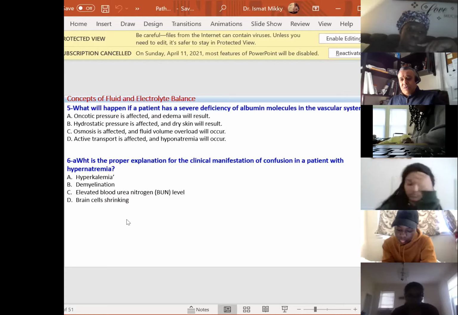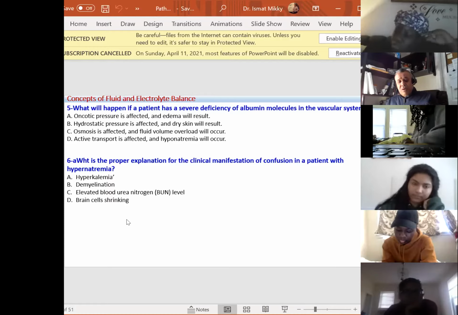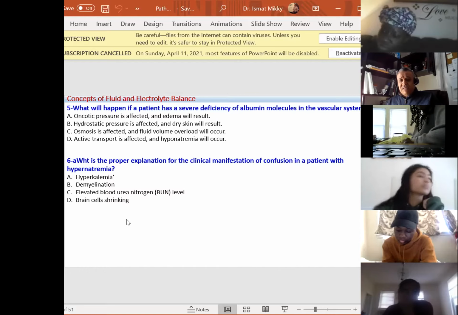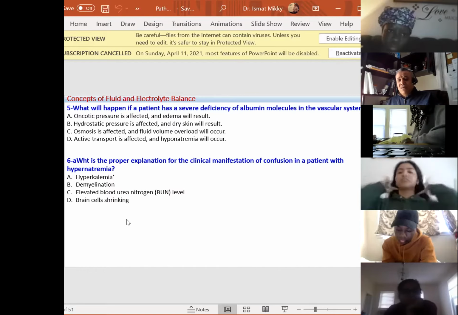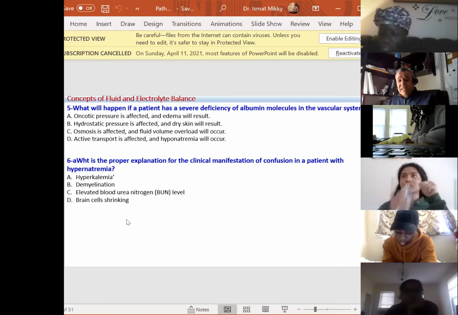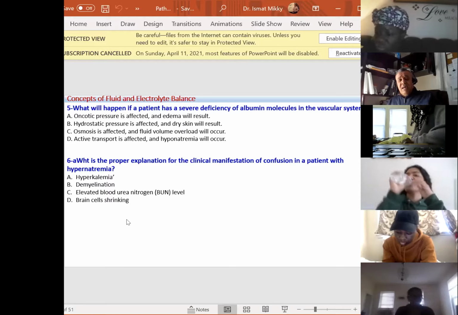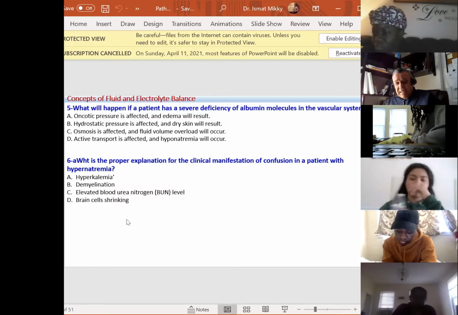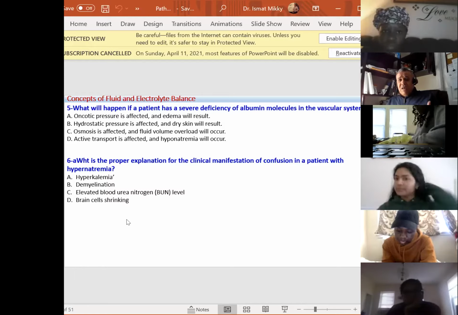Brain cells are shrinking? Yes, exactly. Confusion is one of the significant neurologic manifestations in patients with hypernatremia, and that's because of the shrinking of the brain cells due to increased extracellular fluid osmolarity. Remember, we have plasma and brain cells.